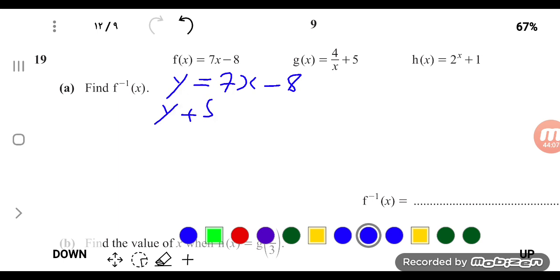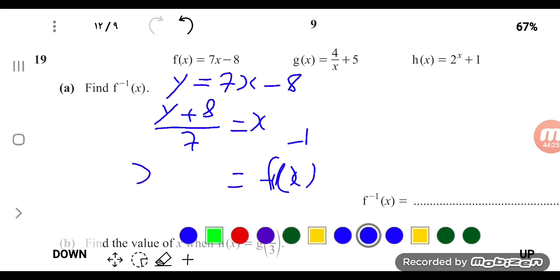Y plus 8 over 7 equals x. Next step, you replace x by the inverse. So f inverse x equals, and you replace y by x, x plus 8 over 7. And that is the whole solution. So x plus 8 over 7, that's the inverse.